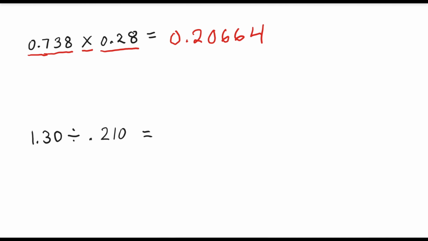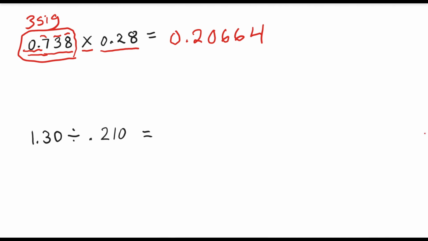Now, let's see how many significant figures are being multiplied. In this first example, we have a leading zero, and leading zeros are never significant. So we're not going to count this zero. Our first non-zero digit is the 7. That is significant. The 3 is significant. The 8 is significant. So in this, we have 3 significant figures.